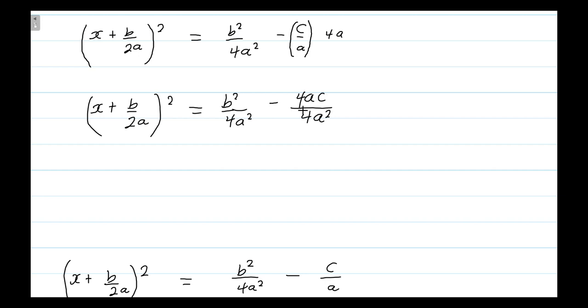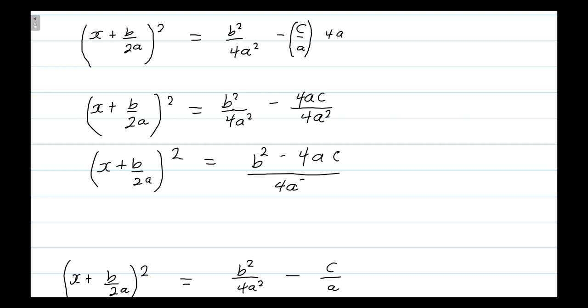We can subtract the numerators and then divide everything by the denominator. So x plus b over 2a square equals b square minus 4ac, all over 4a squared.